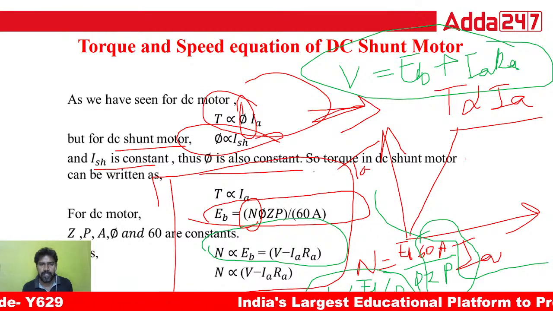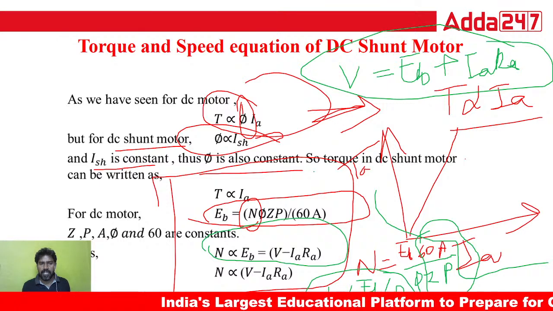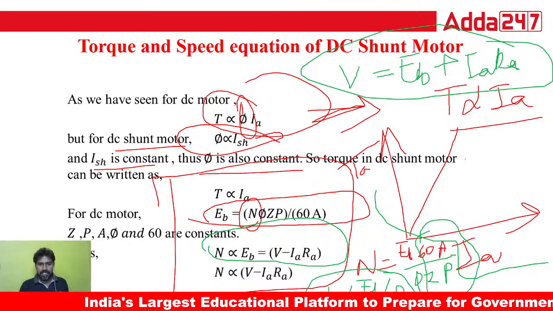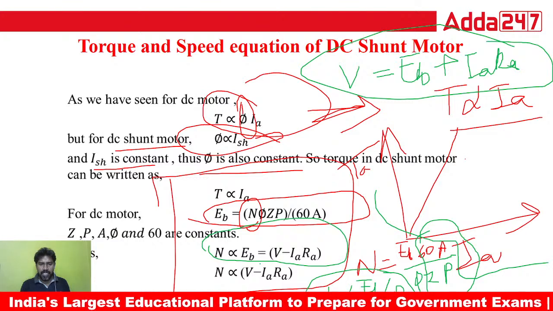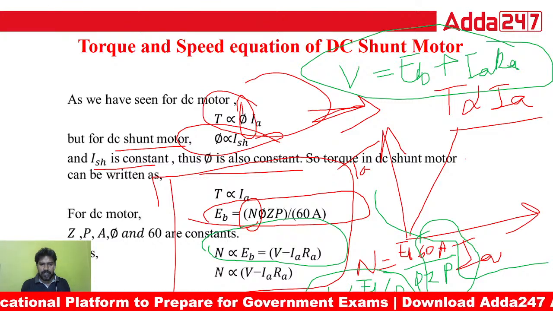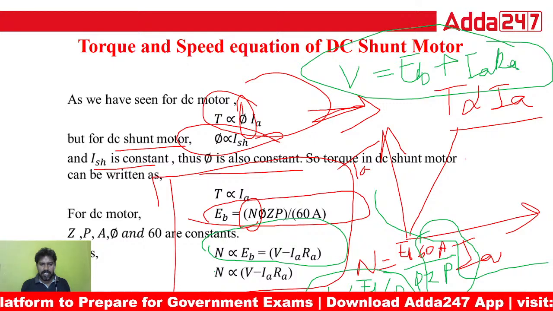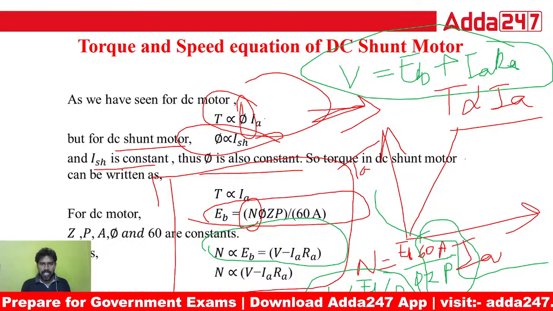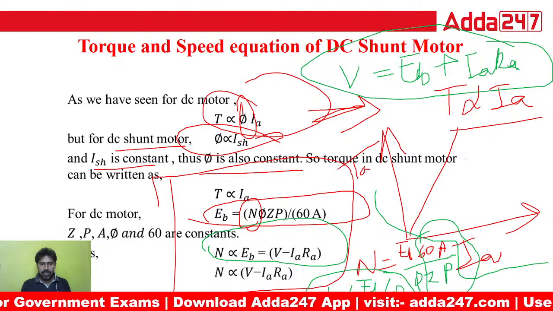But we are going to draw a torque relation with the speed. So here, when current increases, speed will decrease.